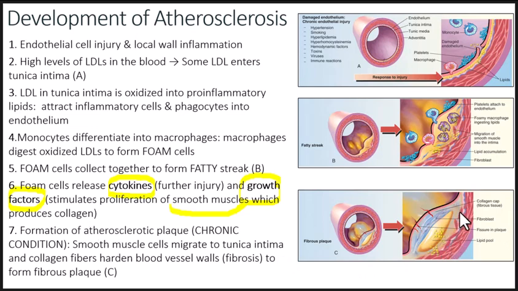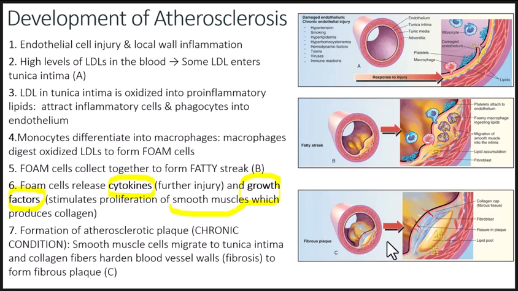The collagen kind of gets all produced through here and it lands itself all throughout here, kind of surrounding that fatty streak, almost creating a cap of all of these smooth muscle cells that have produced collagen that all forms along here and caps off that fatty streak, making it hard.